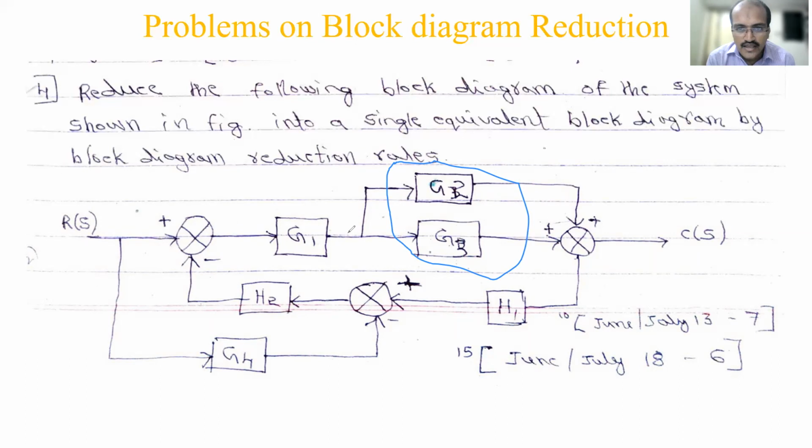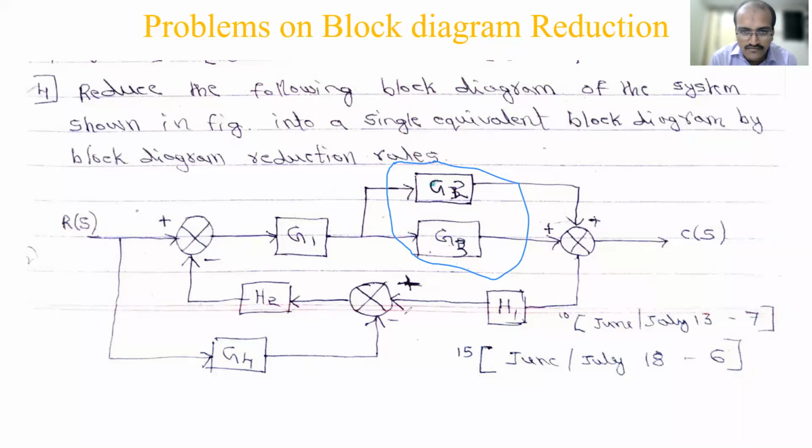Accordingly, in the same manner, in the feedback path also we'll do some alteration. What is that alteration? If there is a summing point in the feedback path, we have to separate it out, as we have done in the previous two problems, because otherwise it is very difficult to simplify. So what we are going to do here is, for this summing point, this is a feedback path, so we'll separate the feedback path. This is H1 and then H2.